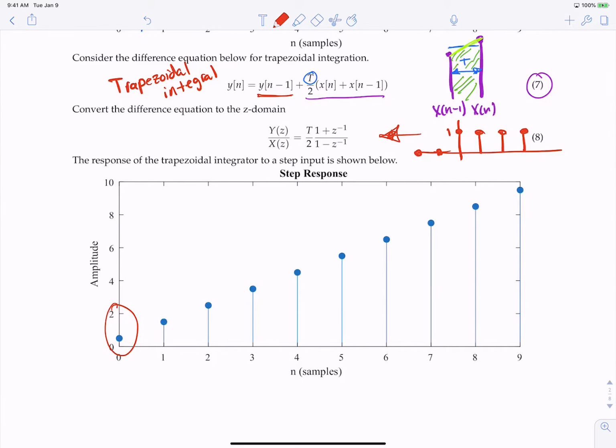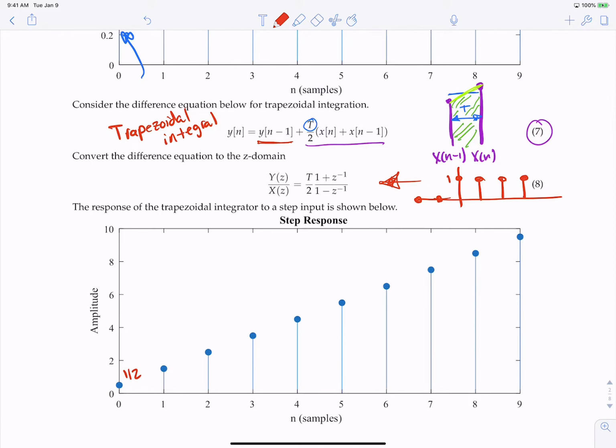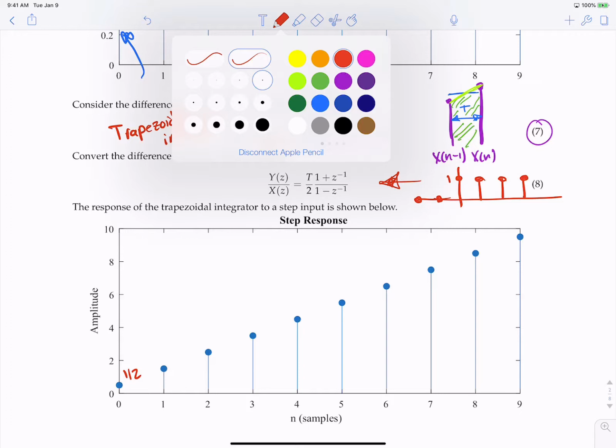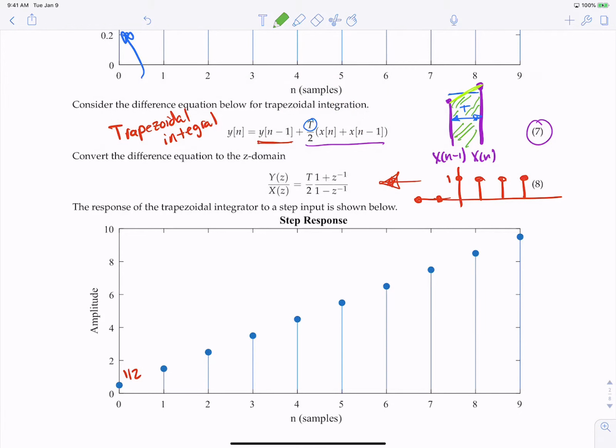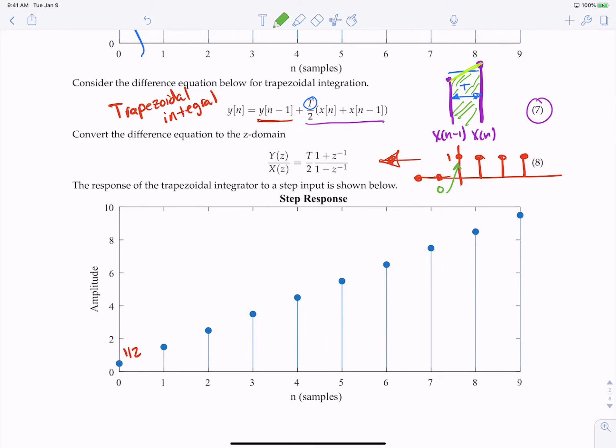What is that point? That point looks like a half. Does that make sense? We look at our step input, we're going to add 0 and add 1, divide by 2, so that gives us a half, and then we add the previous output. The previous output was 0, so yeah, we should have a half. So essentially what we just did was integrate this area right here.